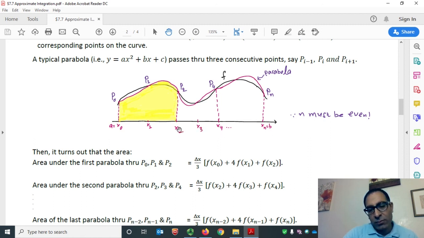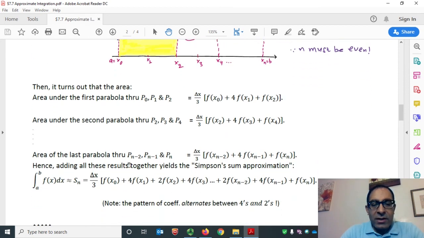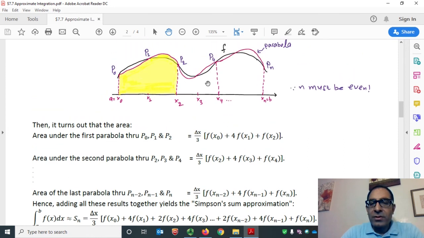Keep in mind that the P2 point lies in the first parabola as well as the second parabola. That's why in our sum later we are adding this f(x2) twice. Correct. And similarly, the area of the last parabola through Pn minus 2, Pn minus 1 and Pn will be delta x over 3, same pattern, f of xn minus 2, middle one is 4 times f(xn minus 1), plus the last one is f of xn.